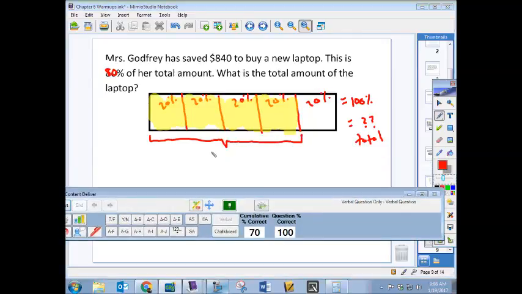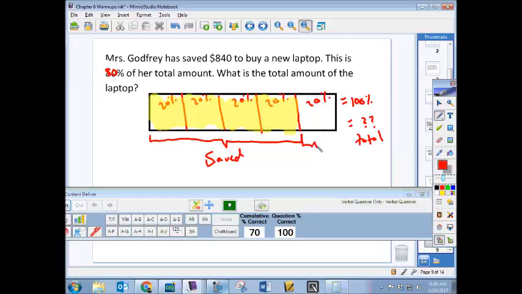The amount that she has saved. This must be the amount that she needs, and this obviously is the total cost of that laptop. So I know that $840 is the part. Again, it only represents those 4 sections, so I'm going to divide it by 4 to put $210 in each one of these.